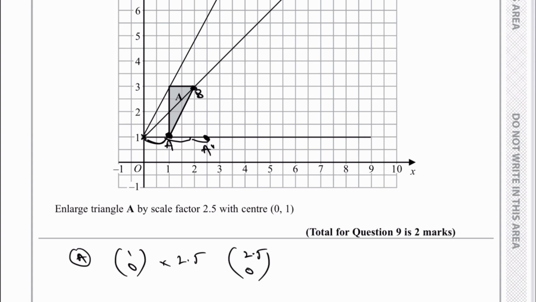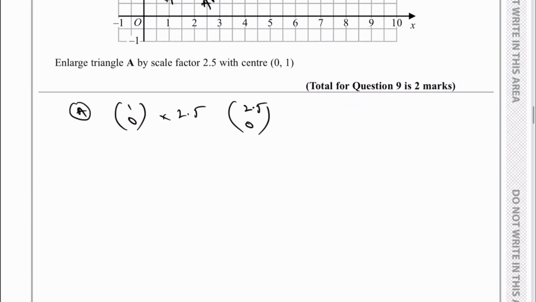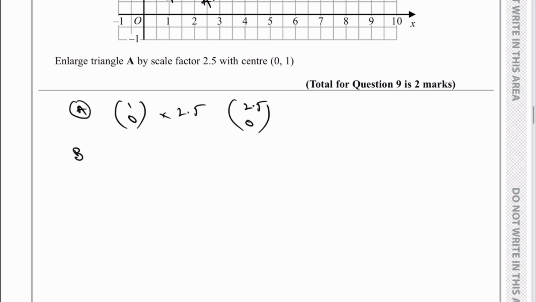So if I go to point B, I'm going to go along 2, and then this time I'm going to go up 2. Remember it's always from the origin, not the center of enlargement, which in this case is going to be 0, 1. So point B is going to be a vector of 2, 2.